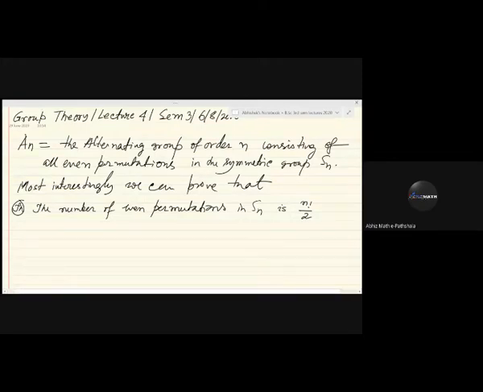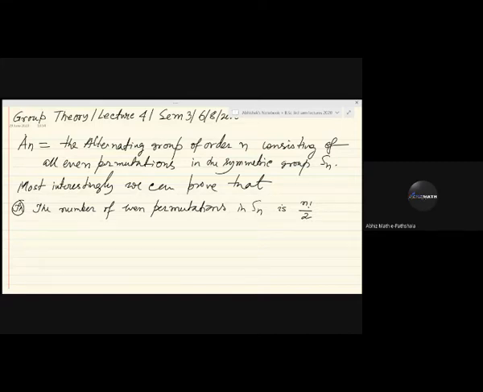So how to prove this? If we can show that the number of odd permutations and the number of even permutations are the same, then we are done.